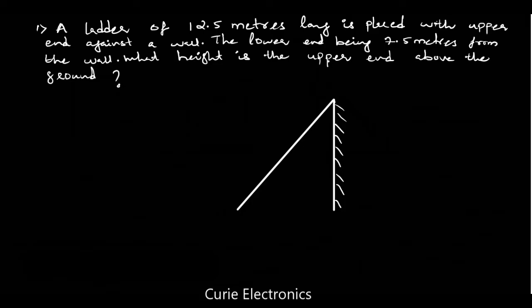What is the length of the ladder he has given? 12.5 meters. What else has he given? The lower end being 7.5 meters from the wall. So this lower end means here. This is the lower end, that is 7.5 meters away from the wall.